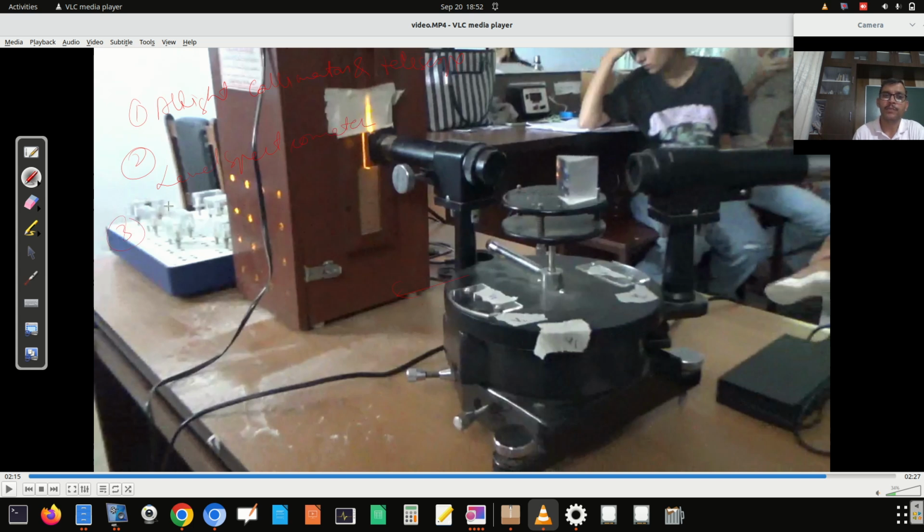Then the third one is to level this prism table. These are the few steps which we have to follow, and if we follow these steps, then the slits from both sides are aligned properly and we can see them. And ensure that while we are rotating this telescope from one face to the other face, this spectrometer should be intact. It should not move, right? These are the few steps which we have to follow.